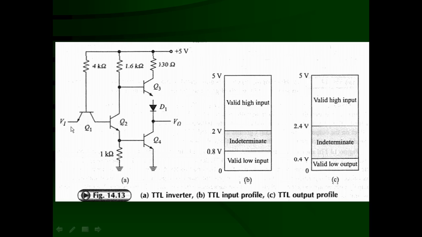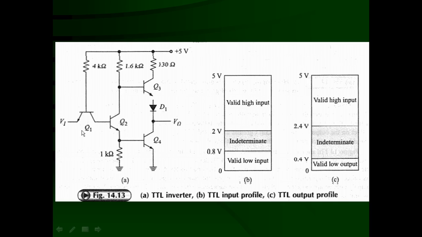For the input designated VIL, from 0 volt we can increase it up to a maximum of 0.8 volt and it will still be considered a low state input, because the output remains high. It is guaranteed that it will remain in the high state. But if you increase it more than 0.8 volt, the output voltage is again unpredictable. That's why the manufacturer's datasheet of TTL gives VIL maximum equal to 0.8 volt.